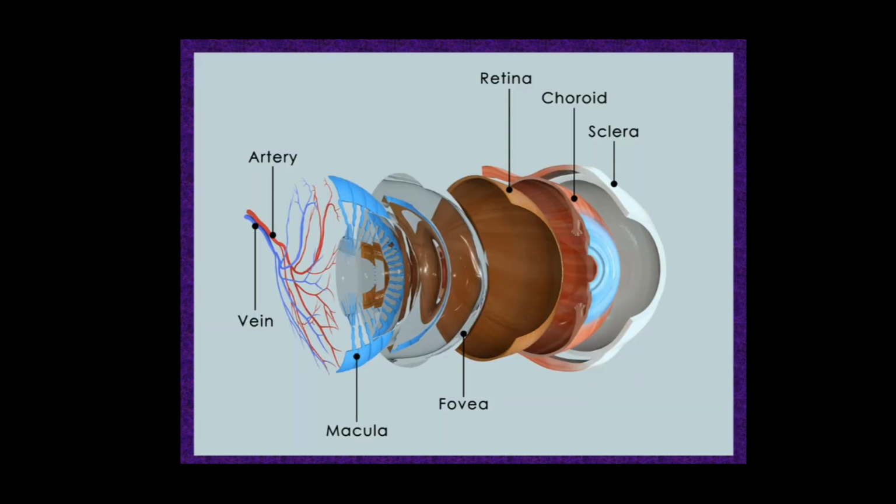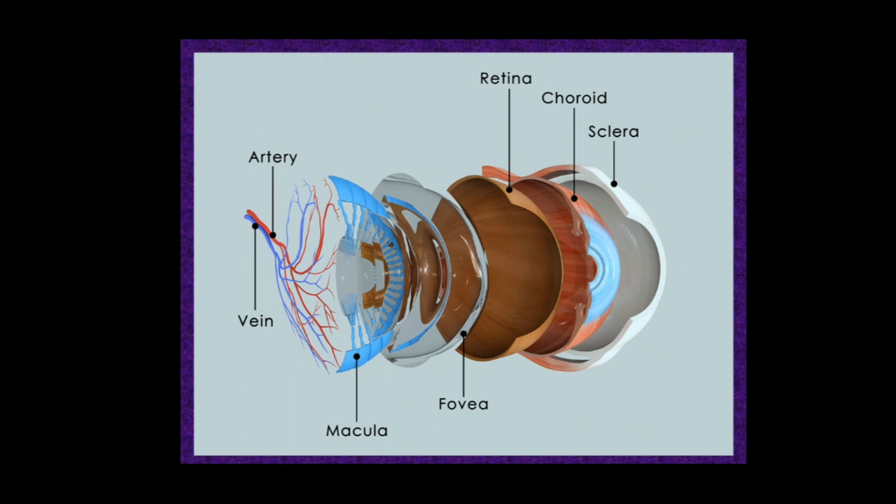This is the picture which clearly shows how many layers the eye is having. So the first layer is the sclera, the second layer choroid, the innermost layer retina. Then inside the retina we have got fluids, then fovea, that is the yellow spot, macula.